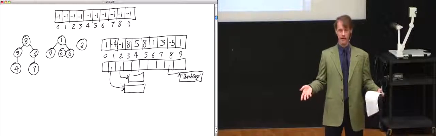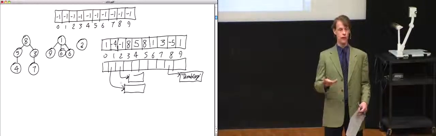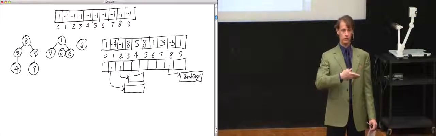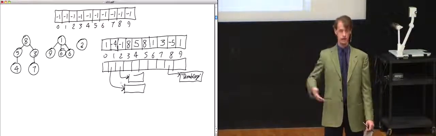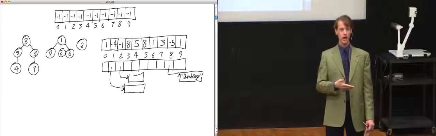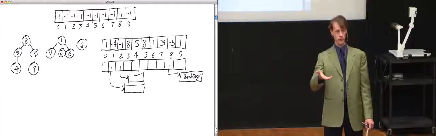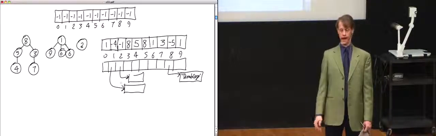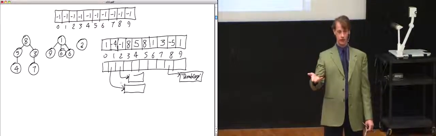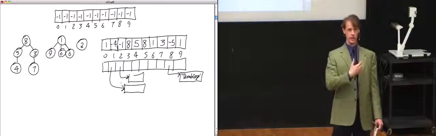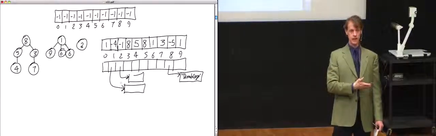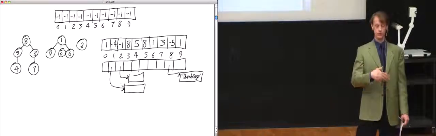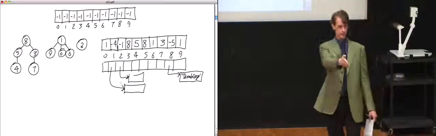Like you have a counter, and whenever you encounter a string that you haven't seen before, you assign it the counter number and you increase the counter so that the next string will get a new unique number. You use a hash table to remember the numbers of the strings that you've already seen. That way, when you hit a string that you've already seen before, the hash table will tell you what its correct number is. And if you hit a string that you haven't seen before, you can just assign it a new number.